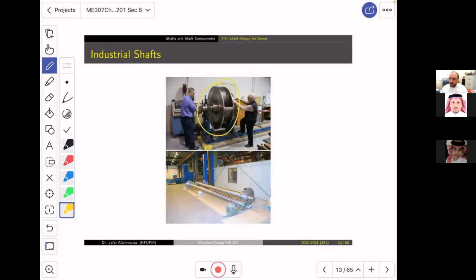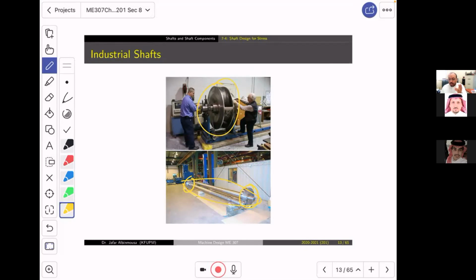This is an impeller, ya shabab, that used to be mounted on top of the shaft. This is a very nice looking shaft. It's a straight shaft, which is not very common. And as you see here, there are flanges where you use this to connect the shaft with other mechanical elements.